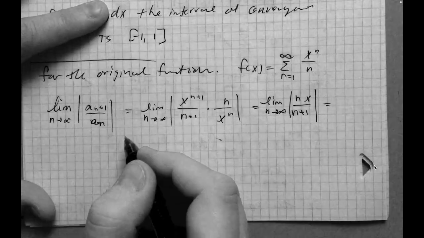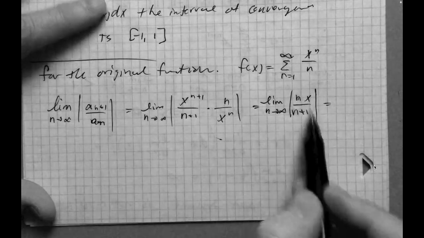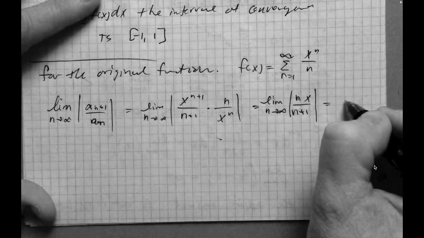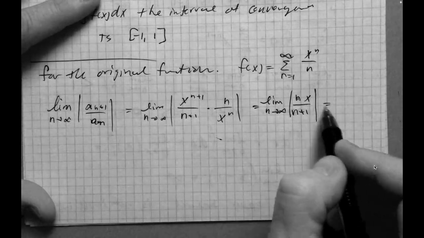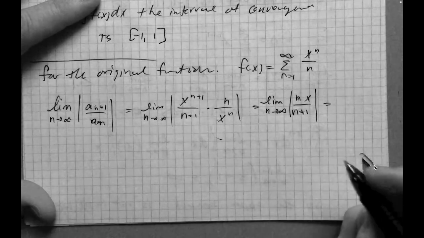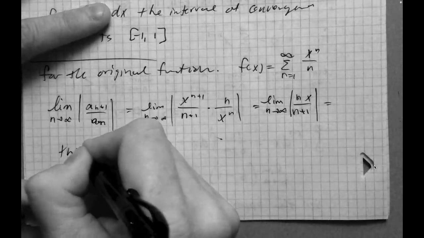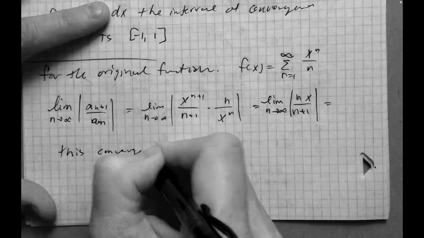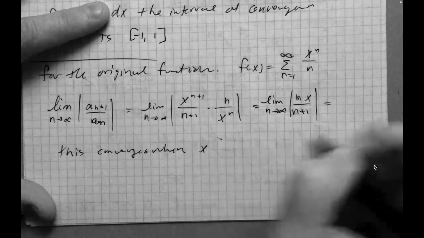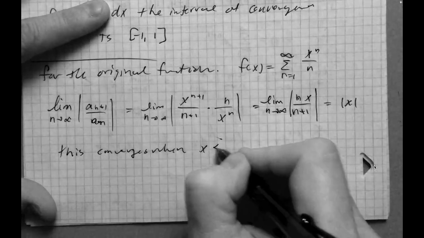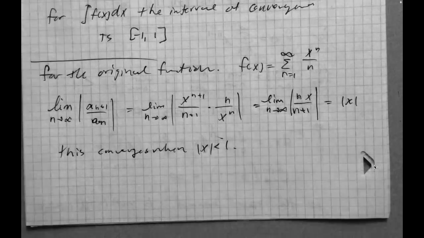And so this is going to converge. So again, same trick, divide everything by n, and you'll see that this converges when the absolute value of x is less than 1.